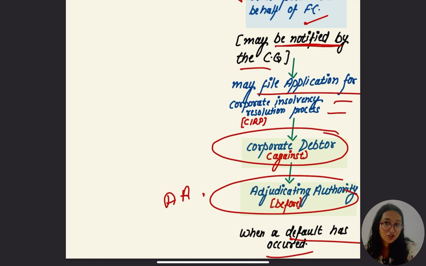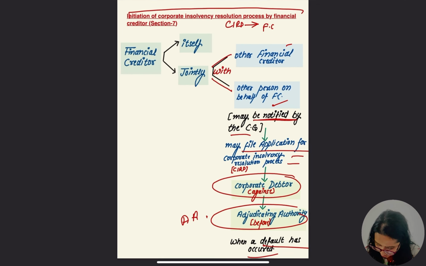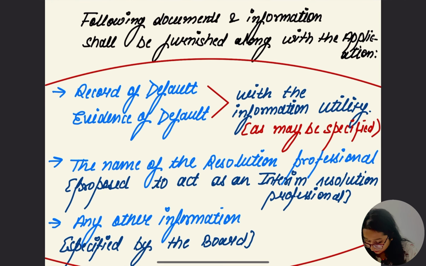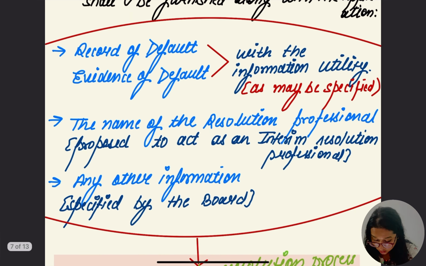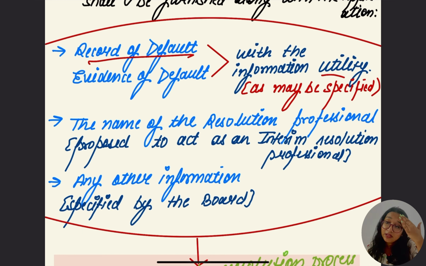To the adjudicating authority. Along with the application, some other documents are to be sent. Let's check what is to be furnished along with the application. These are the documents. First of all, the record of default with the information utility, as may be specified.